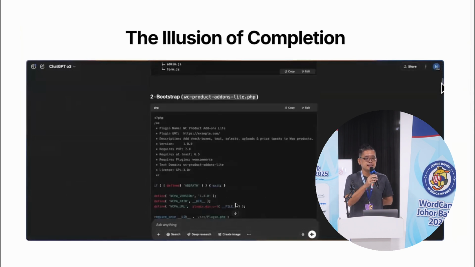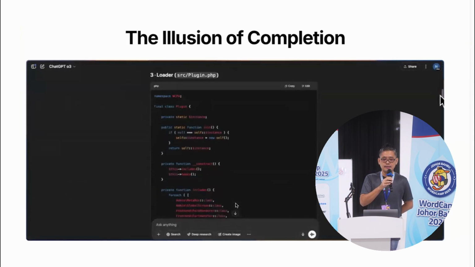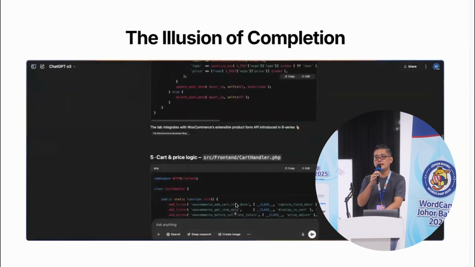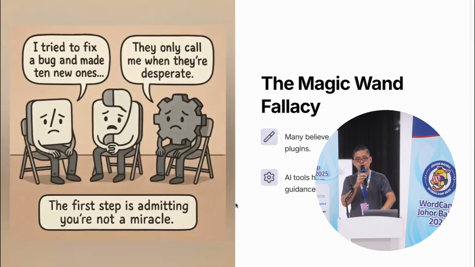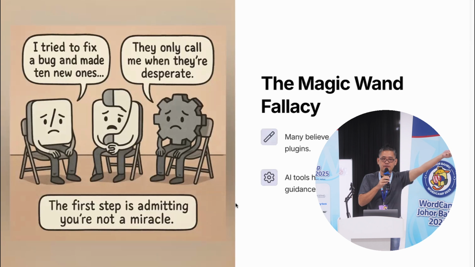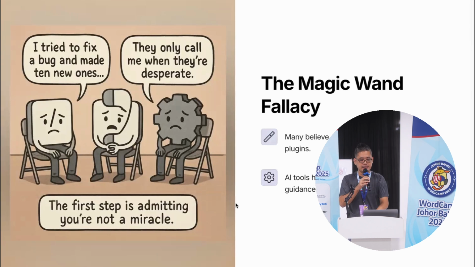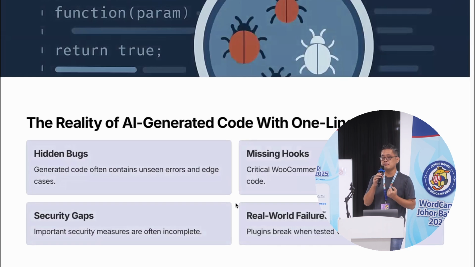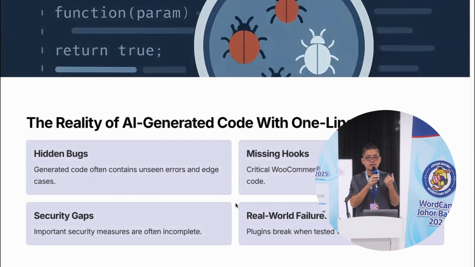But the reality is, the code you get back will likely be incomplete and have a lot of errors, because the prompt is just way too vague. Many people assume AI is like a magic wand: you just wave it, and you can create a perfect working plugin. But the reality is, the generated code normally has hidden bugs that you're not aware of. There's a hook missing, the security measures are incomplete, and the worst is, when you test out the plugin, it just breaks.